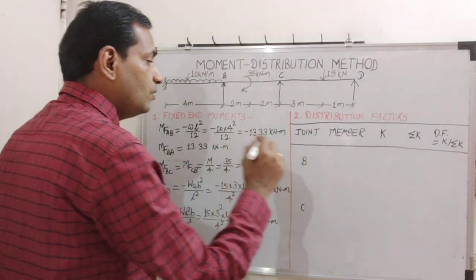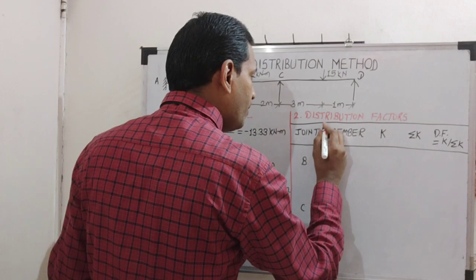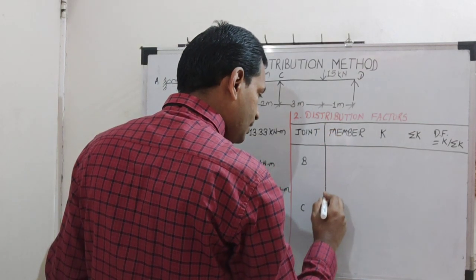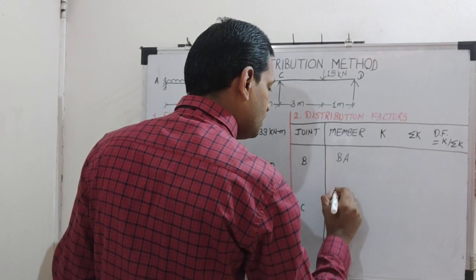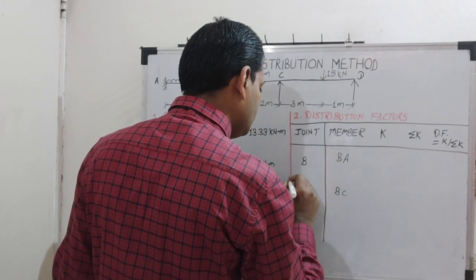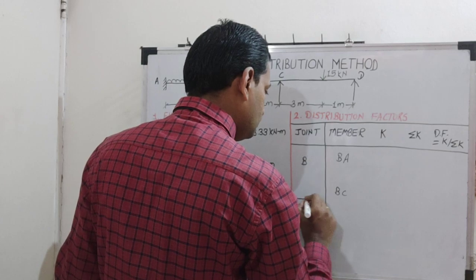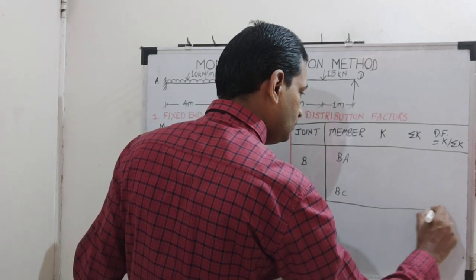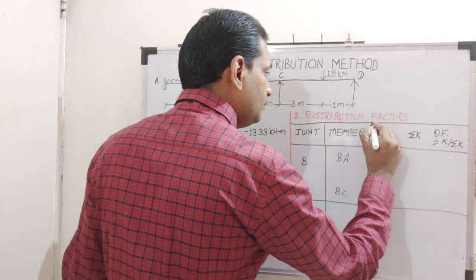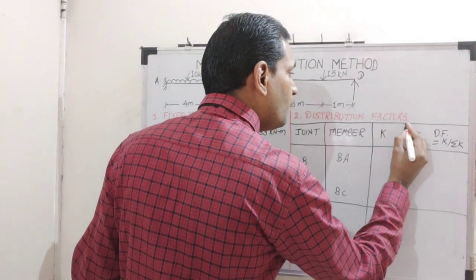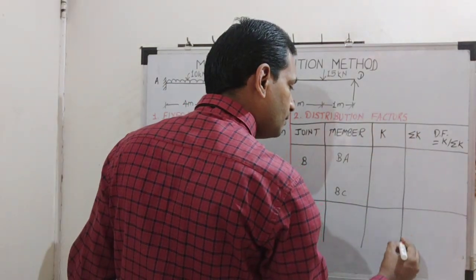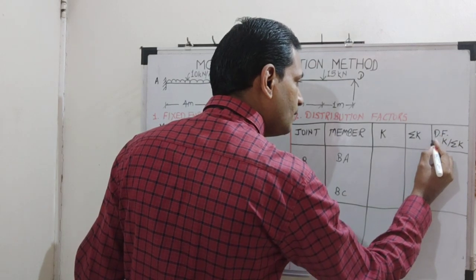From B, there are two members meeting. One is BA, another is BC. Then we have to see the K value for each member. How to see?